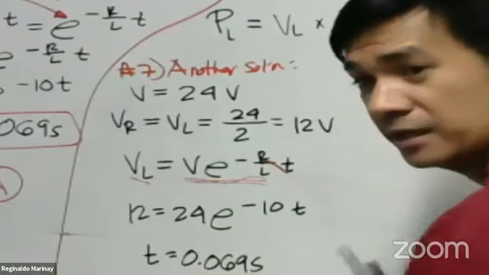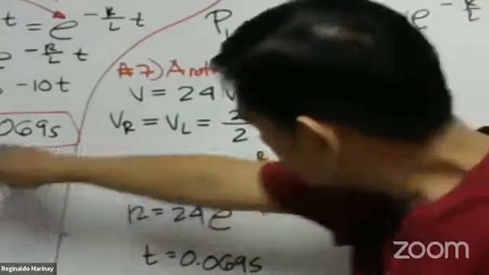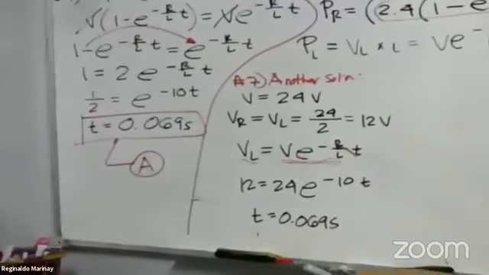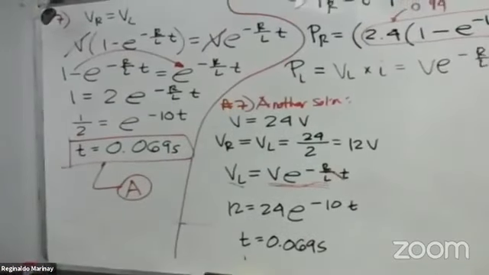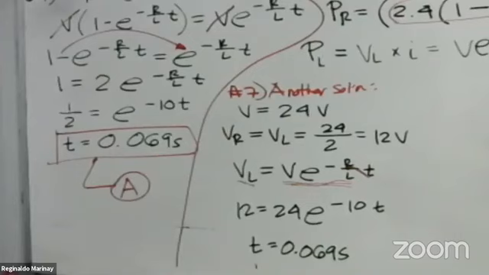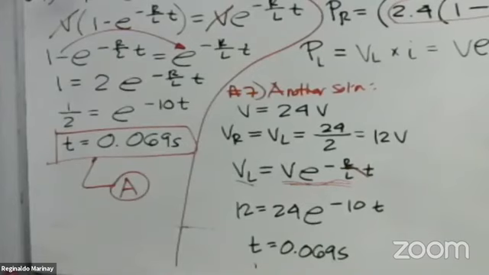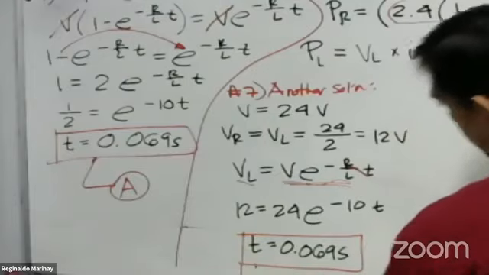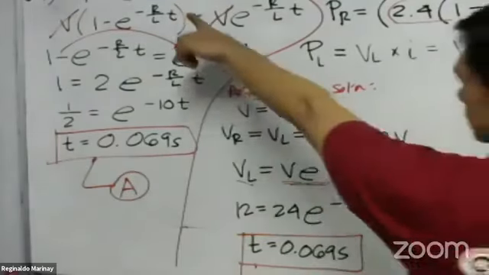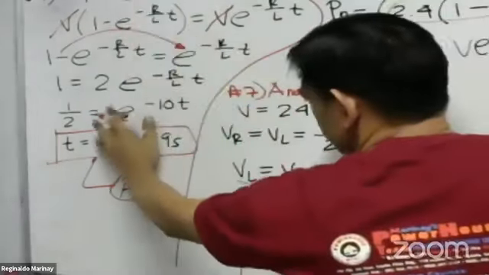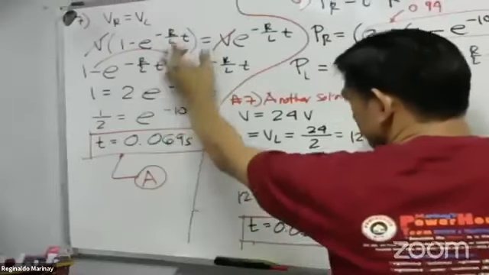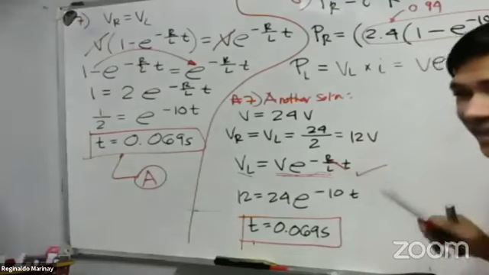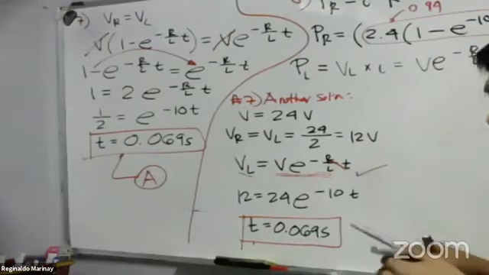Gusto ko makita rin ito para makita nila yung dalawang approach. So, 0.069. This is the approach doon sa libro, sa reviewer, and this is the Bell-Bell's way. So, that is the formula.